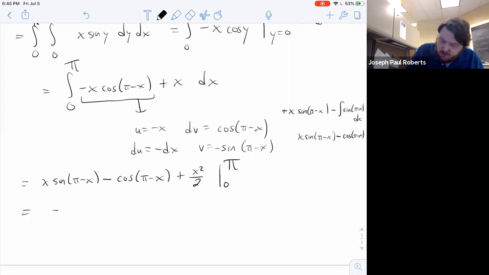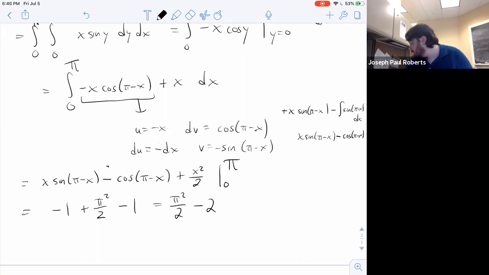Cosine of 0 is 1, so I get minus 1 plus pi squared over 2. And then when x is 0, the first term's gone, the third term's gone, but then cosine of pi is negative 1. So minus cosine of pi is another minus 1, so pi squared over 2 minus 2.